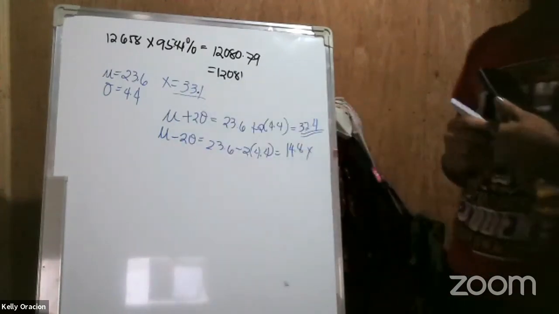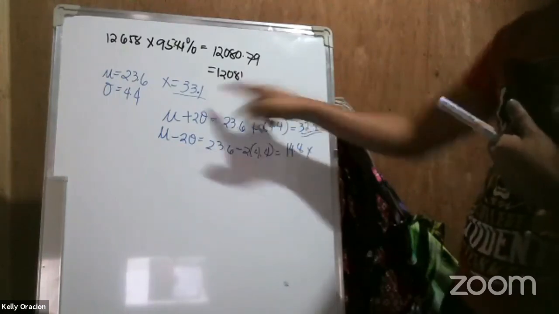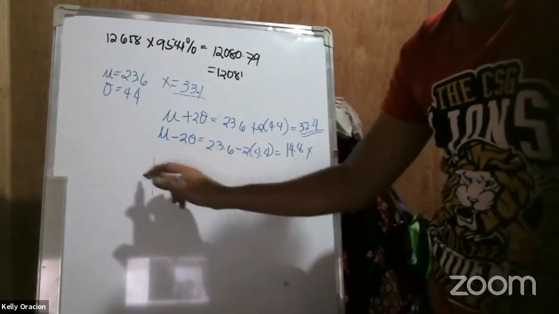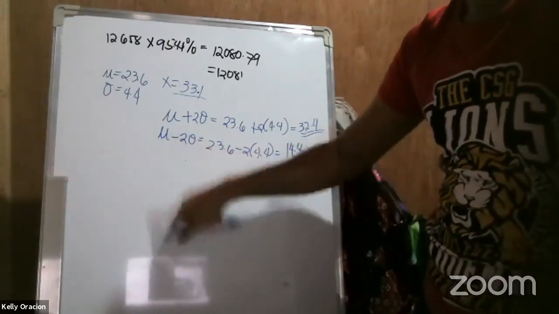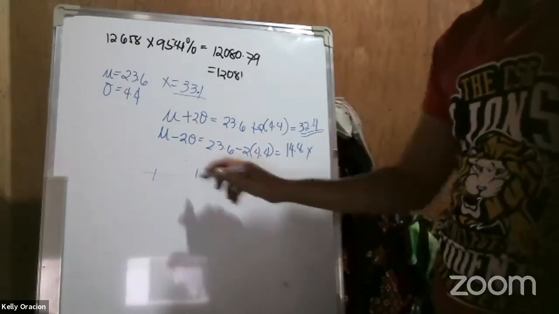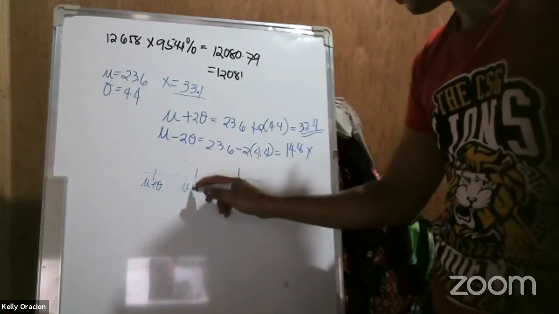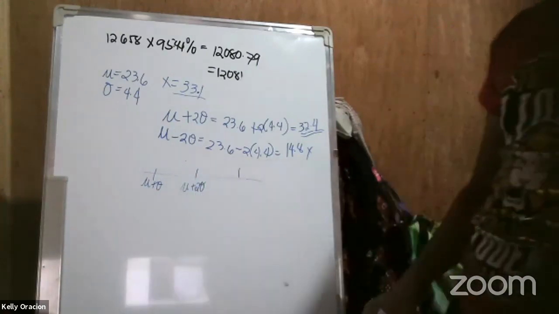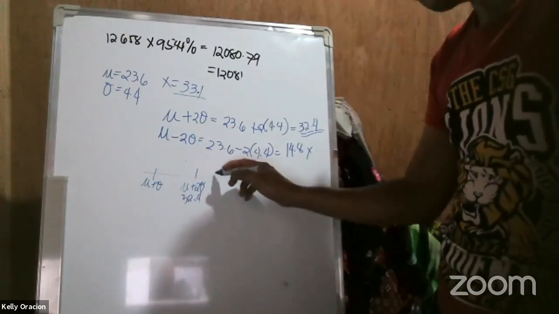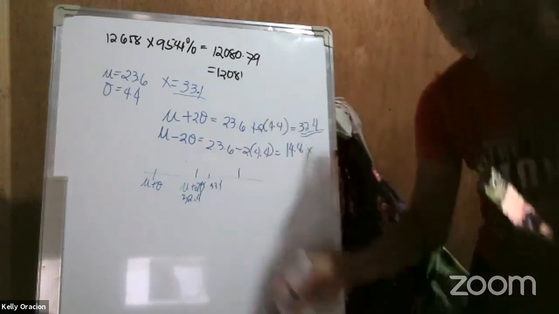Now, the question is, since it is bigger. That means, if you are going to graph that one class, this one is 1 standard deviation above the mean, this one is 2 standard deviations above the mean, and this is 32.4. 33.1 is beyond that part. It went beyond, right?